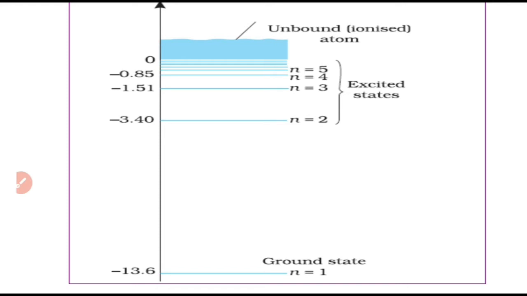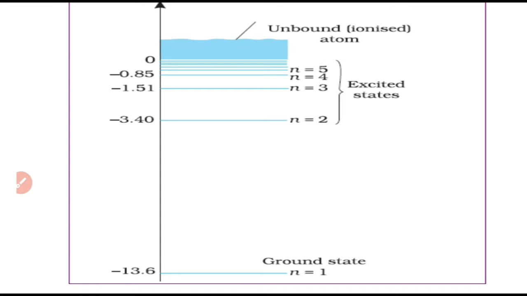We call the first level, that means n = 1, the ground state. So the n = 1 level is called the ground state of the hydrogen atom, and the other levels, that is n = 2, n = 3, all those levels, are called excited states.